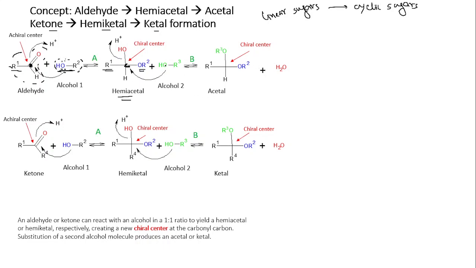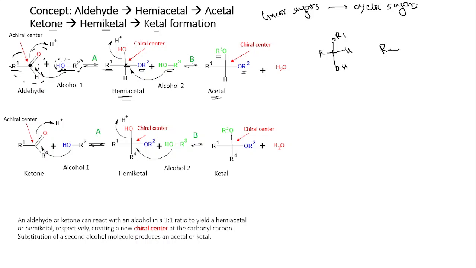Then if a second alcohol attaches to it and replaces this OH, it becomes OR3 from this one and OR2 from this one. This is called an acetal. To test this, let's try it out. For example, what do we call this: aldehyde, hemiacetal or acetal?